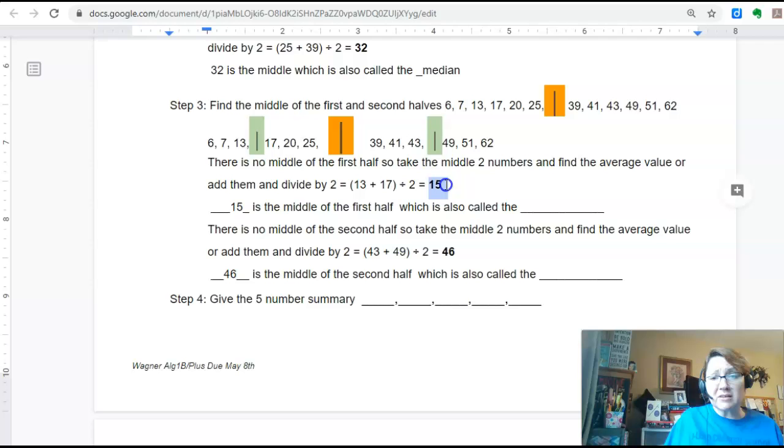The middle of the first half is 15, so 15 would go right here. We have our median, which we had to figure out, and the median was 32, so 32 would go right here. We have the middle of the second half, which we figured out is 46, so 46 would go right in this blank right here, and then the last, which is 62.